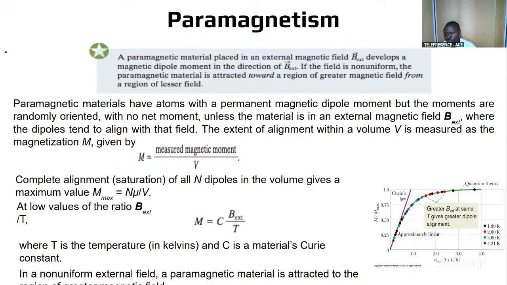If the field is non-uniform, the paramagnetic material is attracted towards the region of greater magnetic field from a region of lesser field.